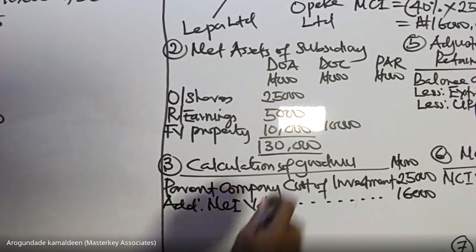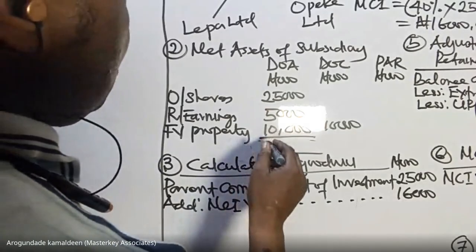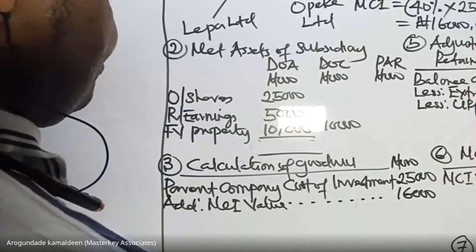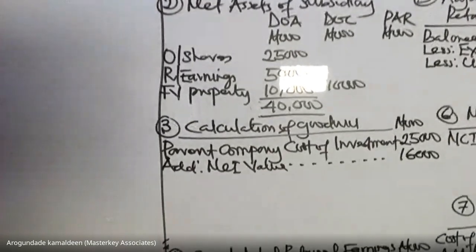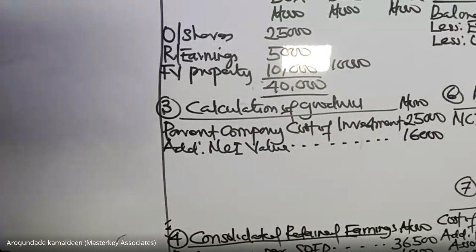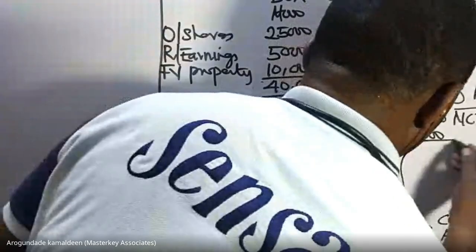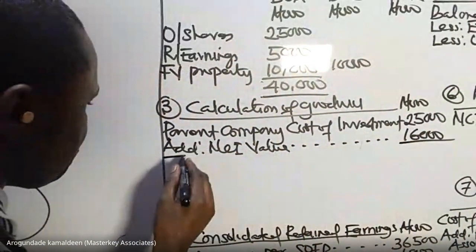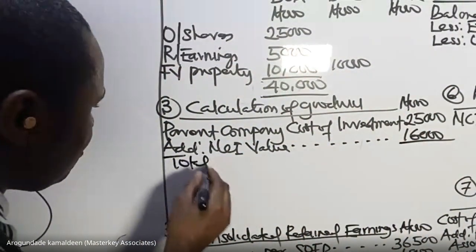No, 40. 40. So you can now find the goodwill. Please help me add this up. Total purchase consideration.